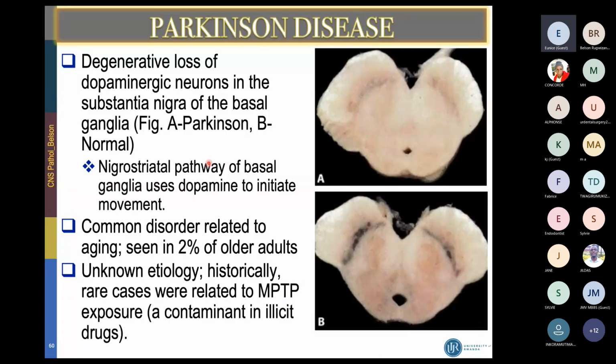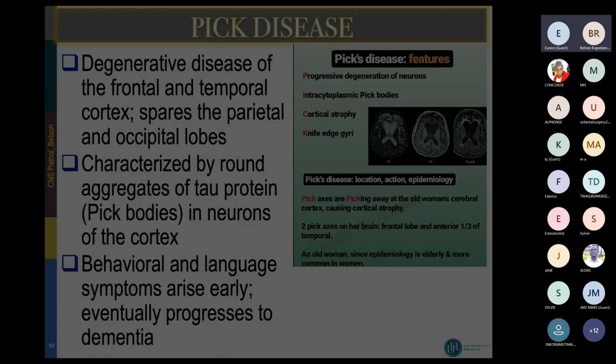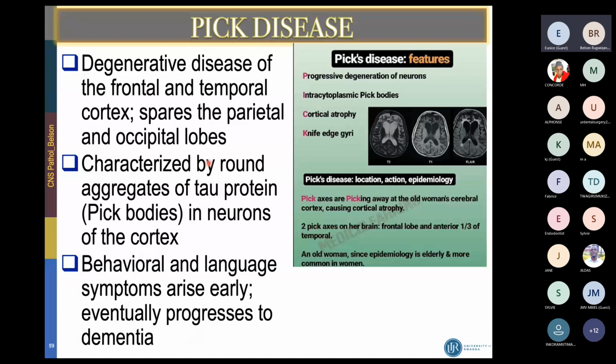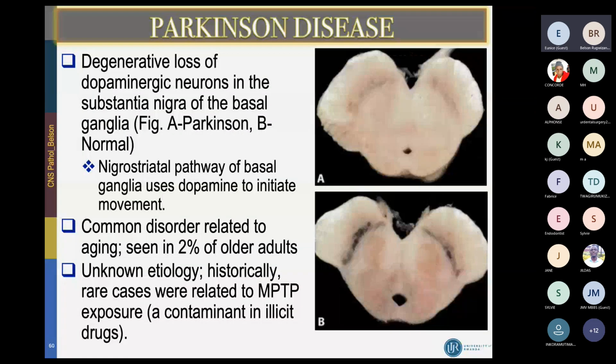So Parkinson disease, degenerative loss of dopaminergic neurons in the substantia nigra of the basal ganglia. So you understand here, the previous one, Pick disease, affects the cortex, the anterior temporal and frontal lobes, while Parkinson affects the substantia nigra in the basal ganglia. Here, umubwonko haba harimo uduce twiganjemo neurone dusa naho turi imbere muri white matter.